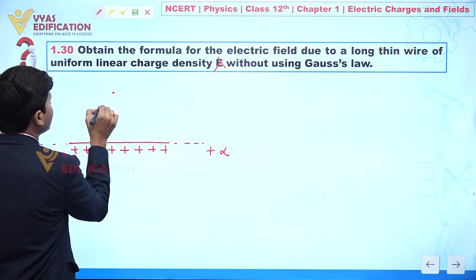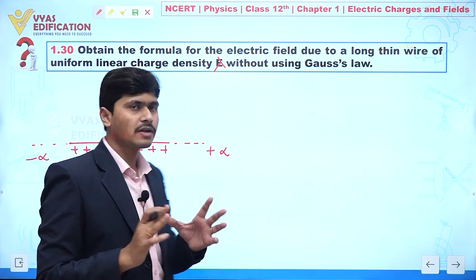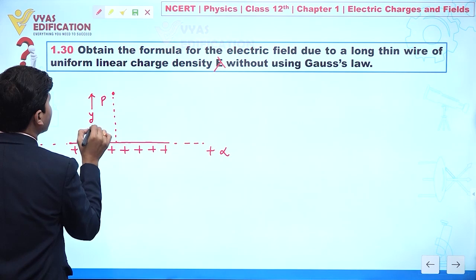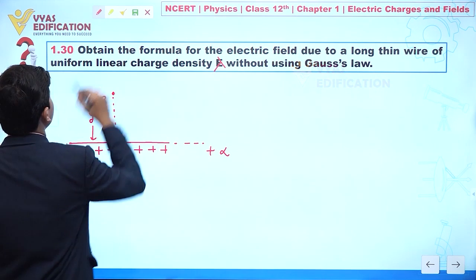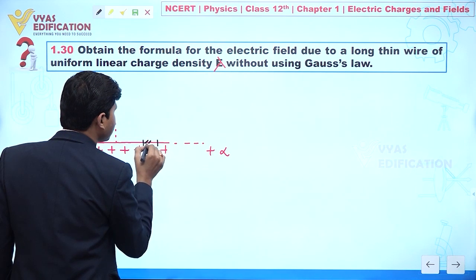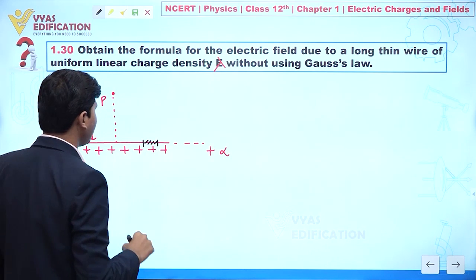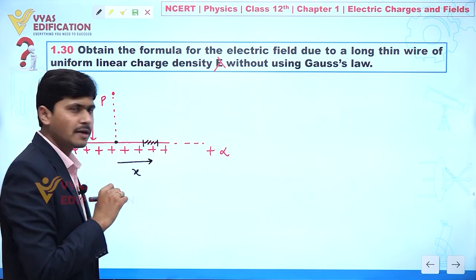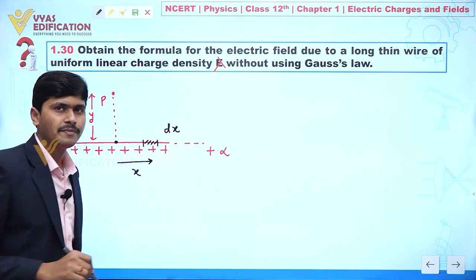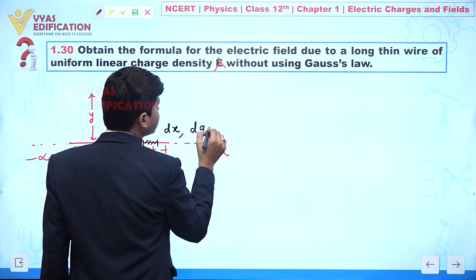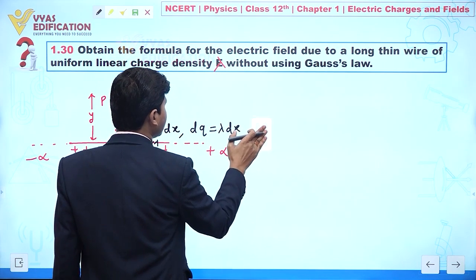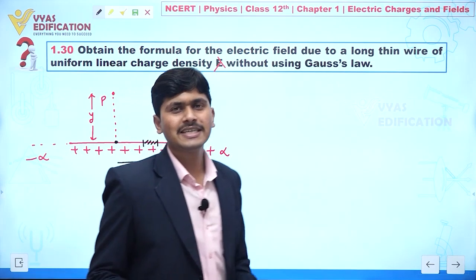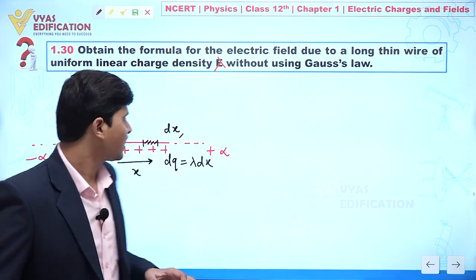Let's suppose this point P is situated at a distance y from the wire. Now we take a very small element, situated at a distance x from this intersecting point, and let's suppose its thickness is dx. The charge present on this small element is dq, which is lambda times dx, because linear charge density is defined as charge per unit length.